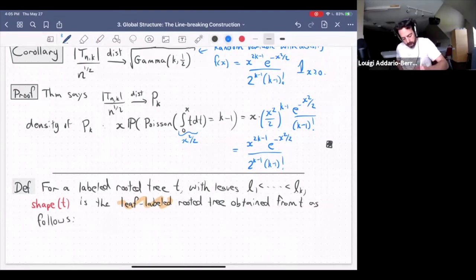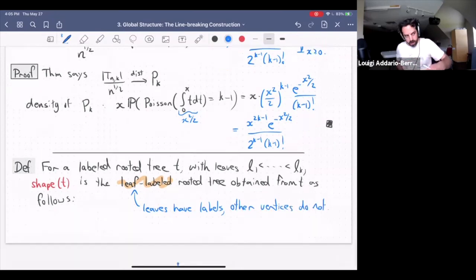Okay, so leaf labeled, before I go into this, means that the leaves have labels, but other vertices do not.